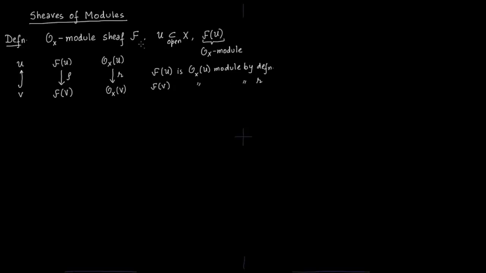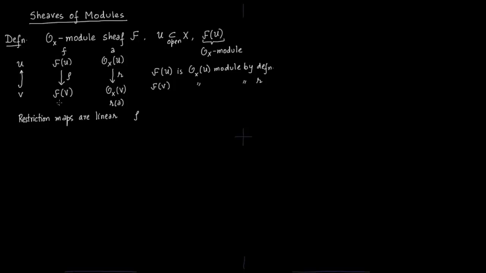So let us just show this. You have A which gets mapped to R of A. Pick a function F in F of U. Rho will map it to rho of F. So we are saying restriction maps are linear, in the following sense.